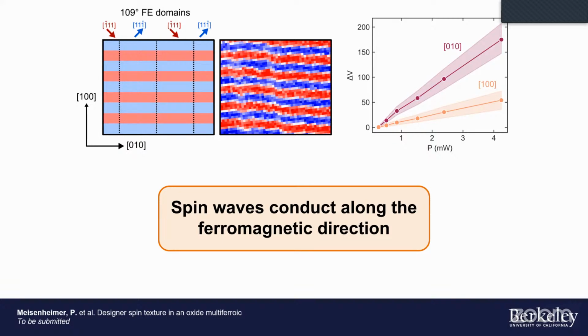It turns out if we do the experiment, we see that pumping spins along the 1, 0, 0 direction is comparatively hard compared to pumping spins along the 0, 1, 0 direction, by about a factor of 4. So easy in the ferromagnetic direction, hard in the cycloid direction.